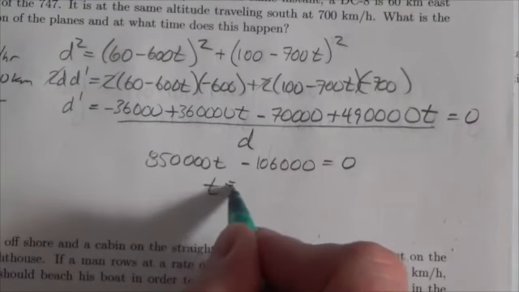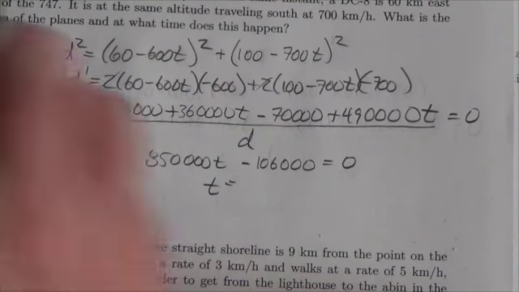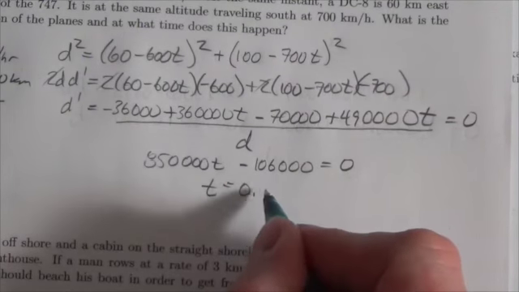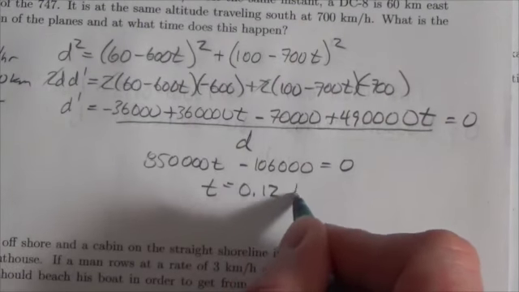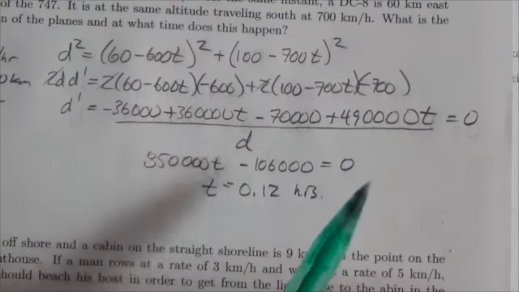And so t is going to equal 106,000 divided by 850, and this is going to equal 0.12 hours.